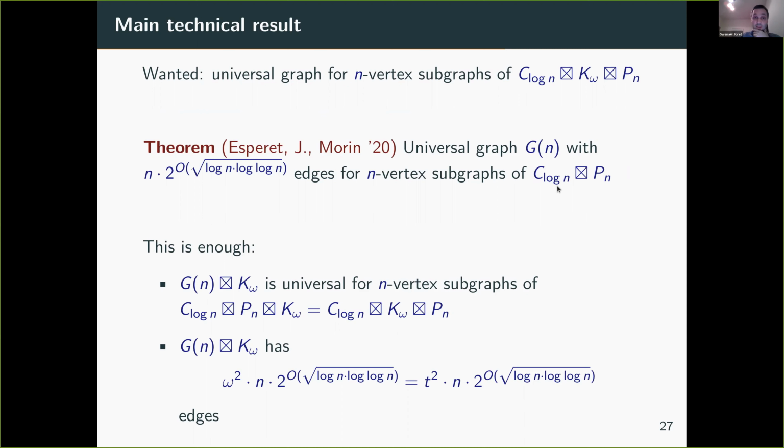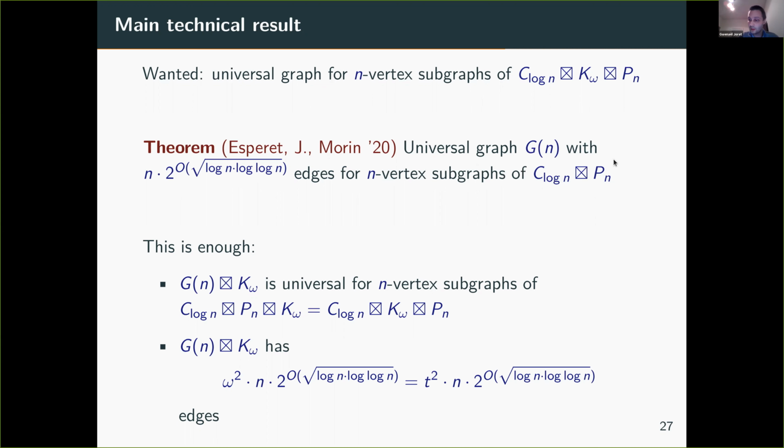And so our main technical result is that for those graphs, we can find a universal graph with a near linear number of edges for n-vertex subgraphs of this specific graph. So this specific graph has n squared vertices. We look at n-vertex subgraphs of it, and we have a universal graph with few edges. That's really the main technical theorem in our paper.